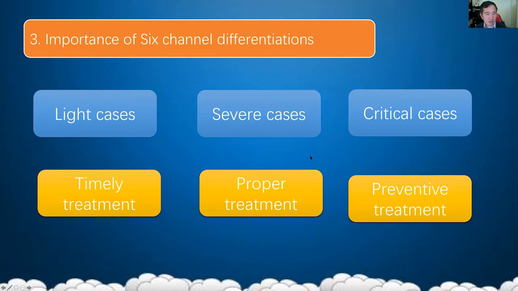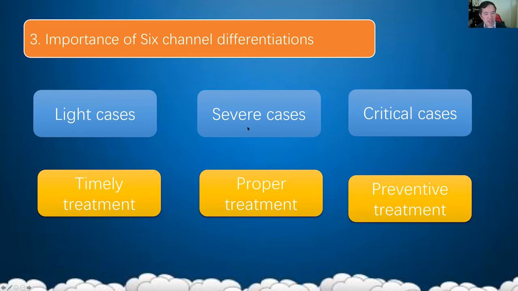But no matter the later stages, 6-channel differentiation could offer timely, proper, and preventive treatment. The example is that when people have wind-cold invasion at the Taiyang stage, the treatment is very clear, easy: promote sweating.